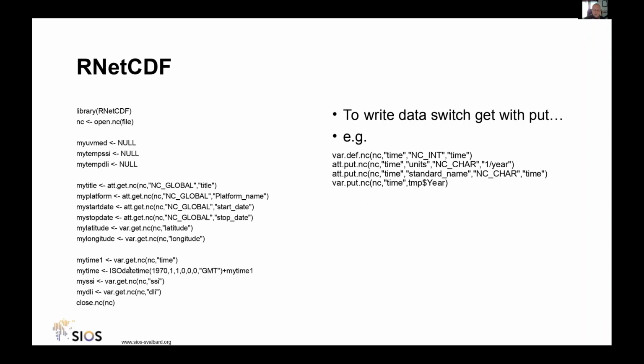You have to work specifically with the date time part to make it work nicely in there. And if you want to dump the data to a NetCDF file, you just switch all statements that have get over to put. That's quite a straightforward way to do it. So in this context, like for the netCDF4 Python package, you don't get anything for free. You have to get through all the details on your own.